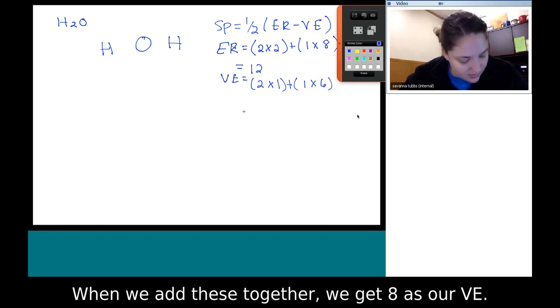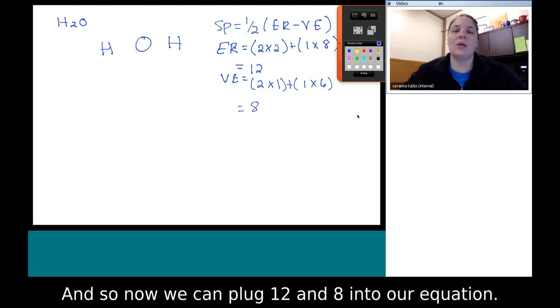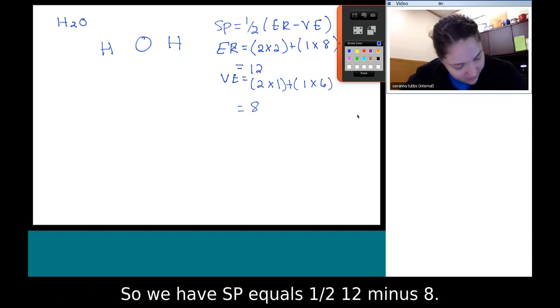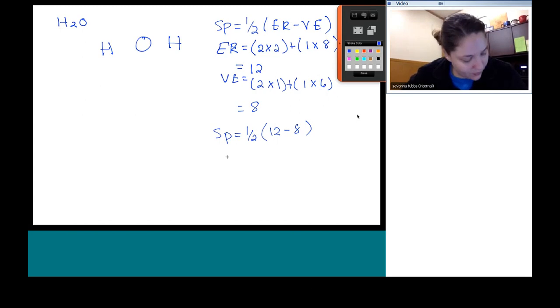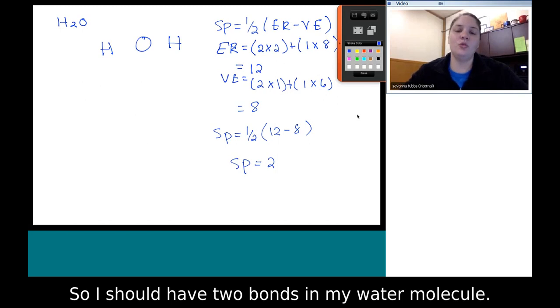When we add these together, we get 8 as our VE. And so now we can plug 12 and 8 into our equation. So we have SP equals 1/2 (12 minus 8). And so our SP will be 2. So I should have 2 bonds in my water molecule.